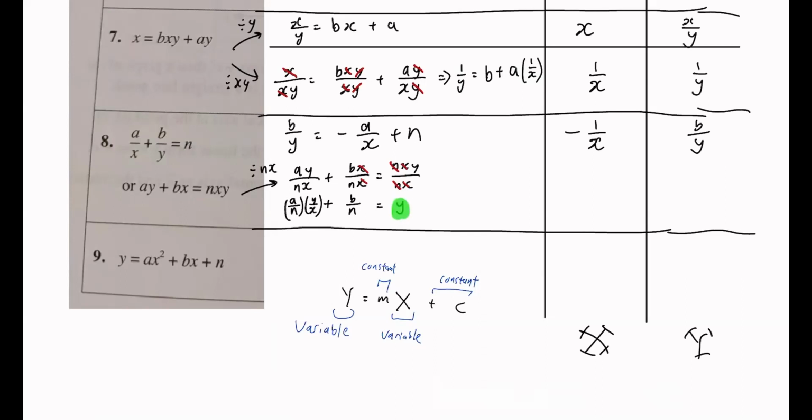So you got variable, constant. So you can rearrange it as y equals a over n times y over x plus b over n. Then in that case, who's your variable? Who's your capital Y? Who's your capital X?